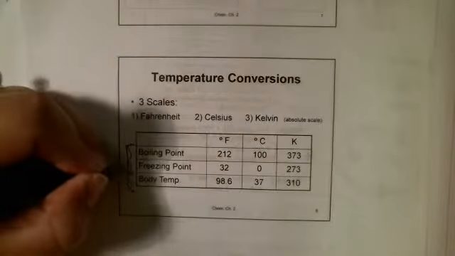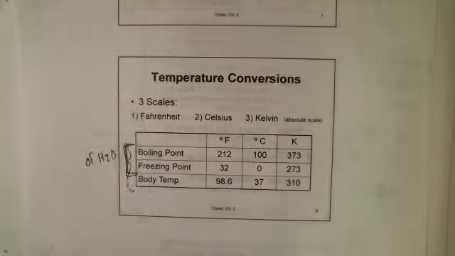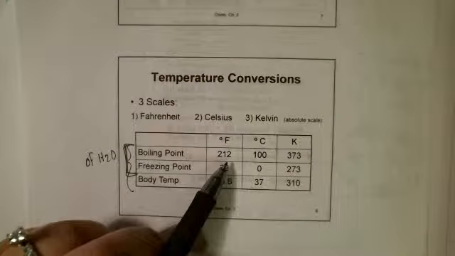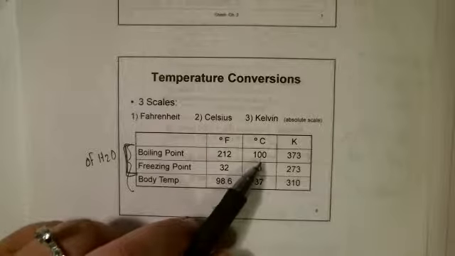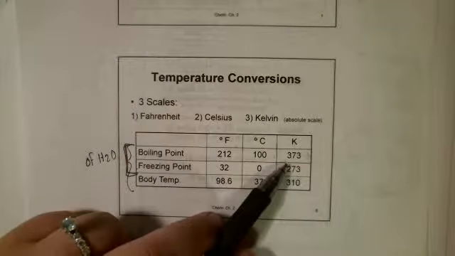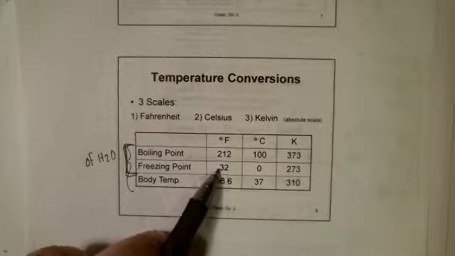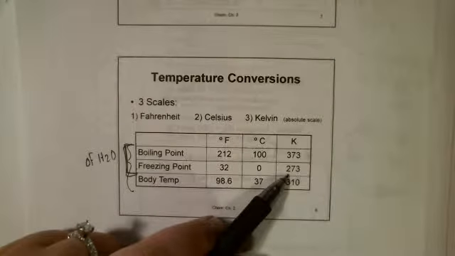The boiling point of water in Fahrenheit is 212 degrees Fahrenheit. It's 100 degrees Celsius, and that corresponds to 373 Kelvin. The freezing point of water is 32 degrees Fahrenheit, or 0 degrees Celsius, and that corresponds to 273 Kelvin.